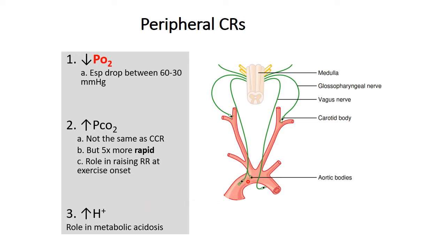It does not affect the aortic peripheral chemoreceptors. It almost exclusively stimulates the carotid peripheral chemoreceptors. Something to note, this is a peculiarity. So hydrogen ions stimulate this type of peripheral chemoreceptors. They are independent of PCO2, so they have an independent effect.